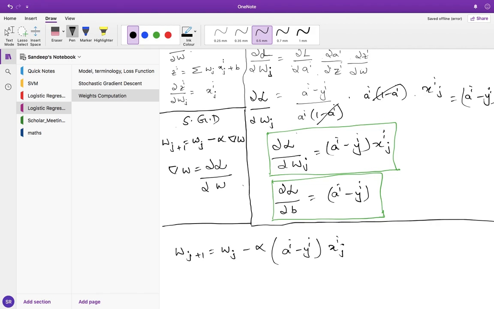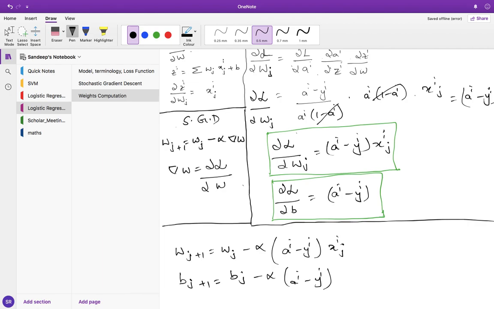Okay, this is one, and bj plus 1 is equal to bj minus alpha into ai minus yi. So these are the two expressions we use. We will keep on iterating many times so that we converge to stable values of weights and a stable value for b. So this is how we compute the weights in logistic regression.